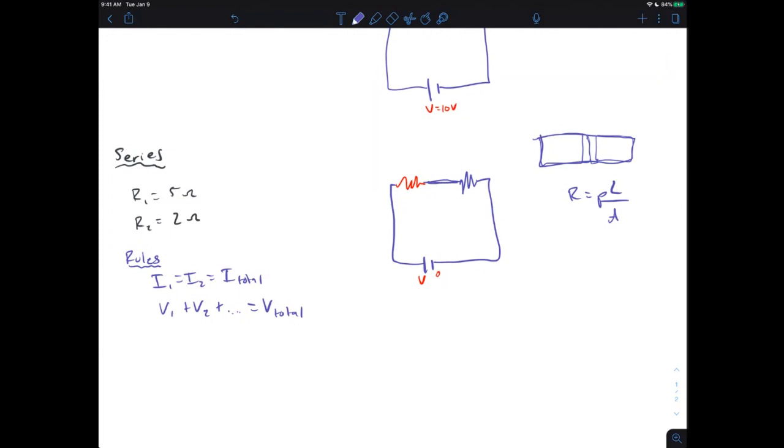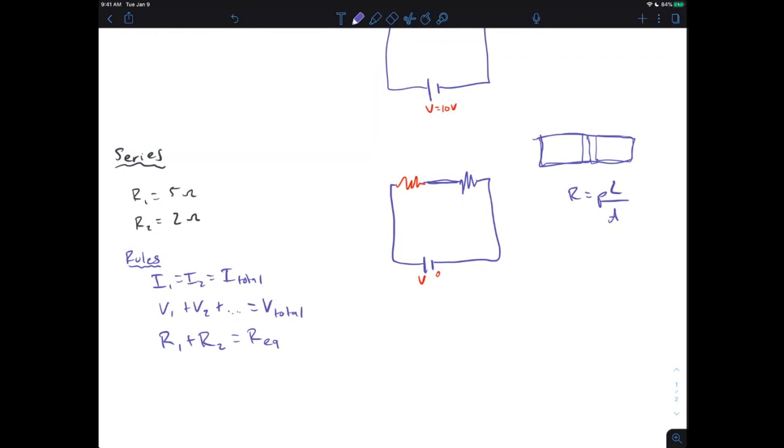So we come here to our last rule, which is that R1 plus R2 is equal to what I'm going to call R equivalent, my equivalent resistance.